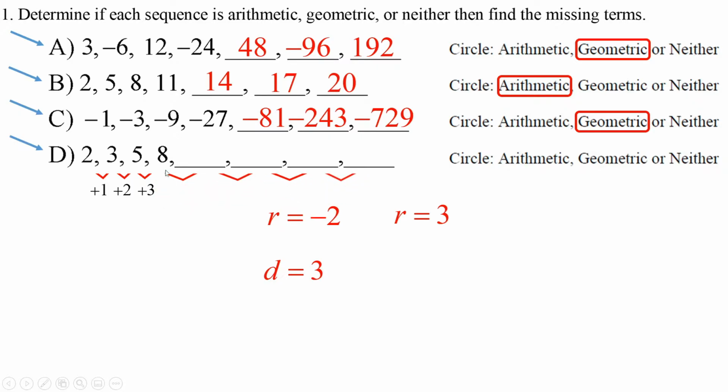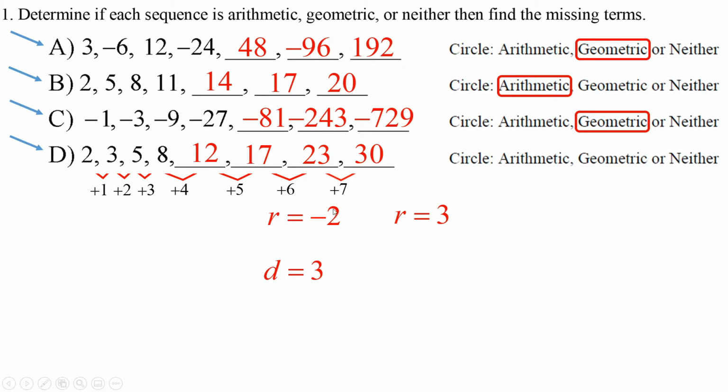So 8, I'll add 4 to get 12. And the 12, I will add now 5 to get 17. And for the 17, I'm going to add 6 to get 23. Oh, I like this. And for the 23, I'm going to add 7 to get my last term in this sequence of 30.